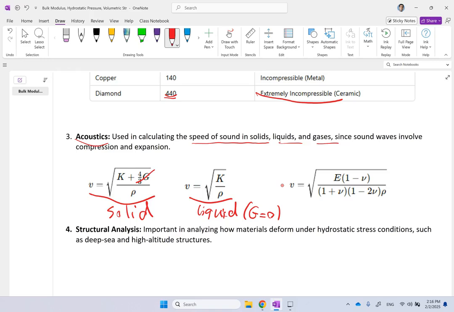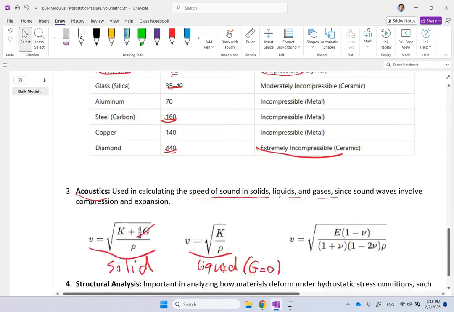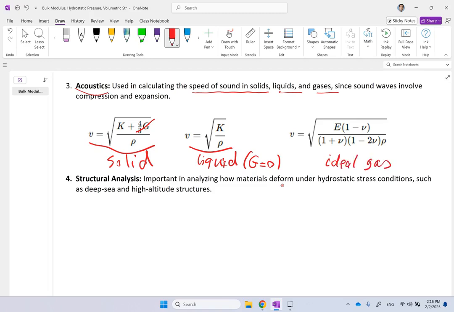So if you use sonar waves underwater, the speed of sound propagation depends on the bulk modulus of water, divided by the density of the water. And for solid, it's this number. And for ideal gas, not regular gas, it's this formula here, where E is there, rho is there, and the Poisson's ratio is there.